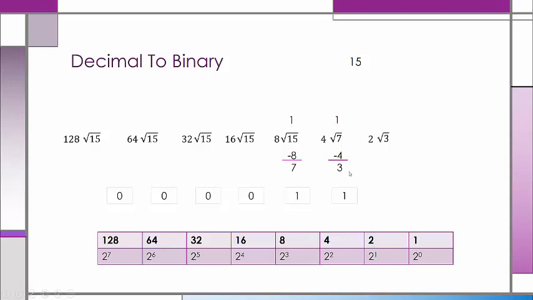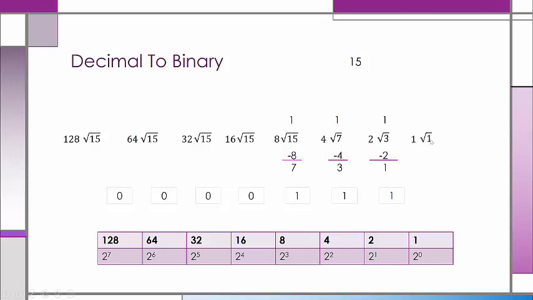Can 2 go into that remainder? So there's our remainder here. Can 2 go into 3? Yes, it can. It can go in once. 1 times 2 is 2 with the remainder of 1. So we want to put a 1 to indicate we've used this placeholder. And then we have 1 remaining. So we'll put our 1 in here up in our next column. Can 1 divide by 1? Remember, there are remainders going in here, and we're using the 1 here.